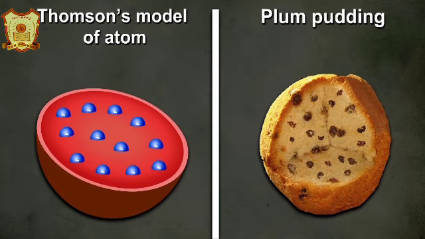Now see, the red part in the watermelon is more, and the seeds or the black part in the watermelon is comparatively very small, right? So this explains that the positive part of the atom is large and the negative part of the atom is less. So how can an atom be neutral? So J.J. Thomson, after a certain point of time, said that the magnitude of positive charge and the magnitude of negative charge is the same.